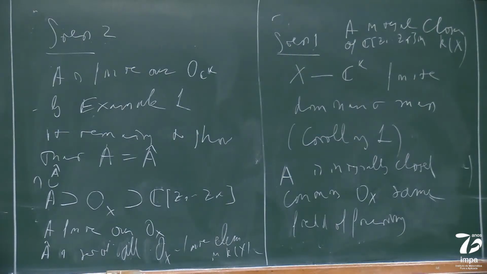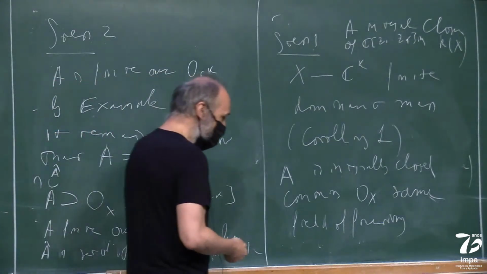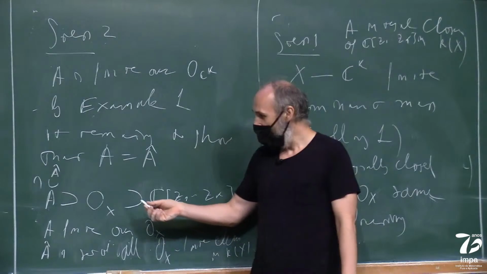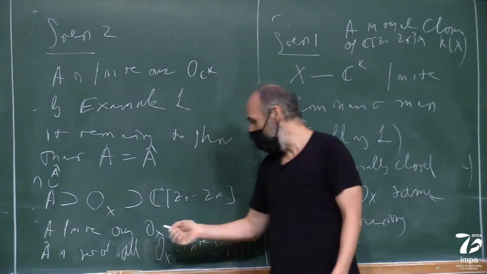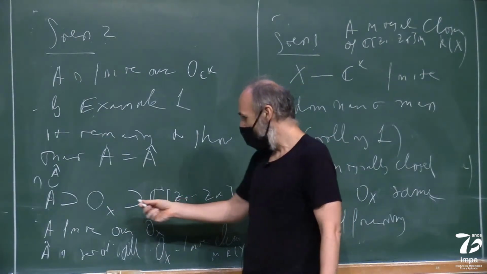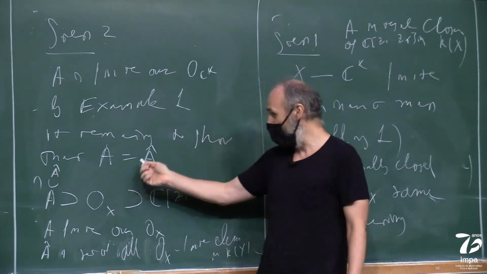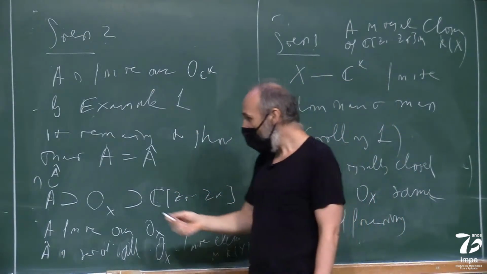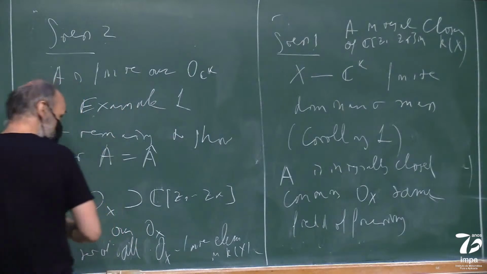That's it. Again, you just have two different integral closures, but in fact they're the same, because A is the integral closure of this in K, in the field of fractions, and A hat is the closure of this in the field of fractions.